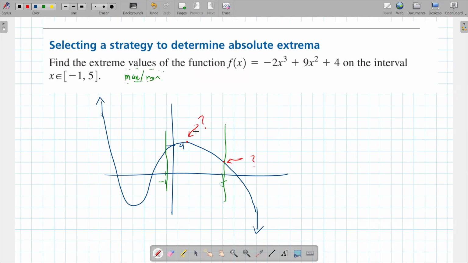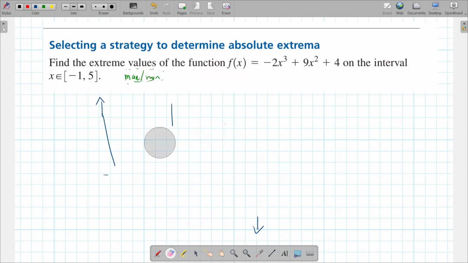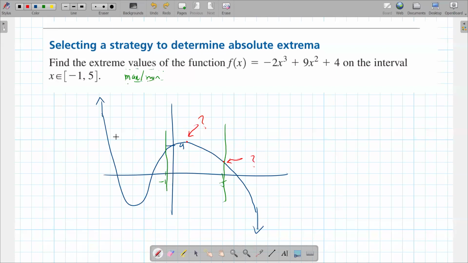That makes sense? You understand the question, right? Don't know if this is doable by hand, but we can definitely find this. How would we go about finding this x value here? What's happening at this x value? Think about it in terms of the slope.